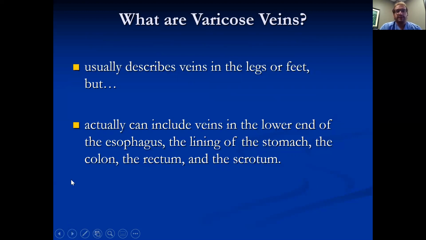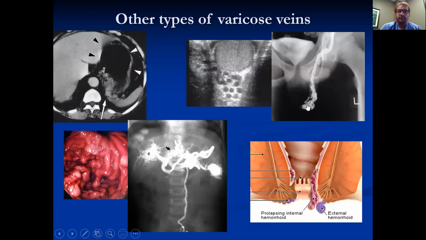We talk about varicose veins as predominantly being in the legs or feet, but you can see them in other parts of the body, and they can be pretty significant. When we have patients with portal hypertension, they have varicosities in the stomach or in the lower esophagus. Hemorrhoids are basically varicosities in the rectum. And varicoceles are what we see in some men on ultrasound, and they're really just varicosities in the scrotum.